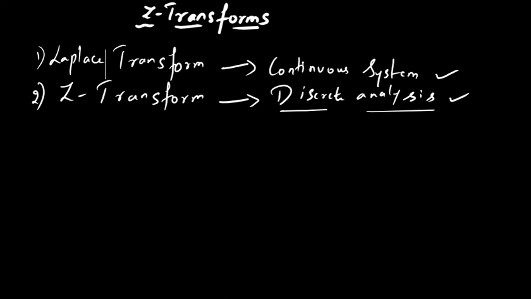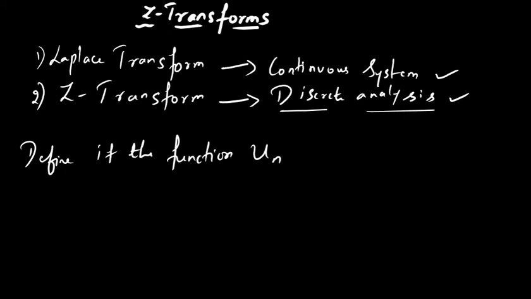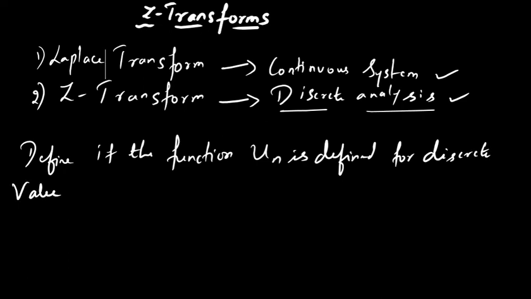So the definition goes like this. If the function u_n, this is what we denote u_n, is defined for discrete values, we specify this because Z transform is for discrete systems.